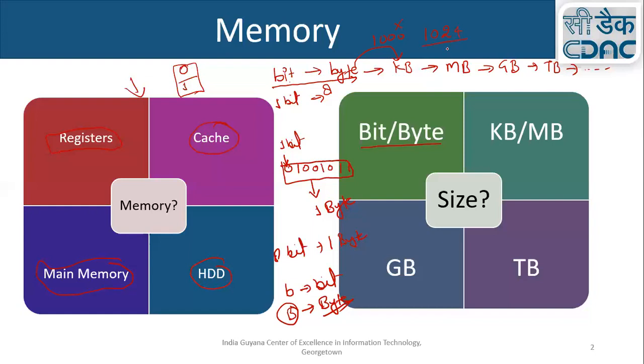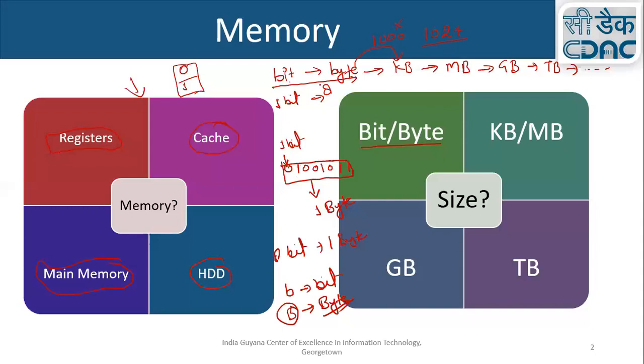Because 1000 and 1024 are just similar, only 24 higher, we generally say 1 kilobyte is 1000 bytes, especially in networking terms. When we are talking about internet speed, we do not care about the extra 24. We say 1000 bytes, but actually it's 1024 bytes.